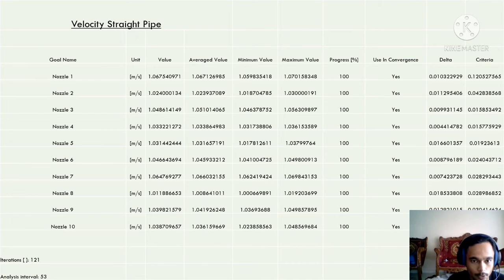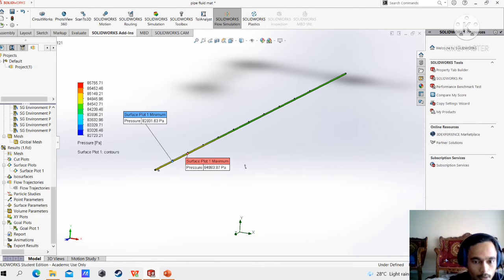Some of them are 1.06, 1.02, 1.05, and that is the average value for straight pipe configuration. Next is pressure. The maximum pressure that we obtain is 84 kilopascal, and minimum pressure is 82 kilopascal.